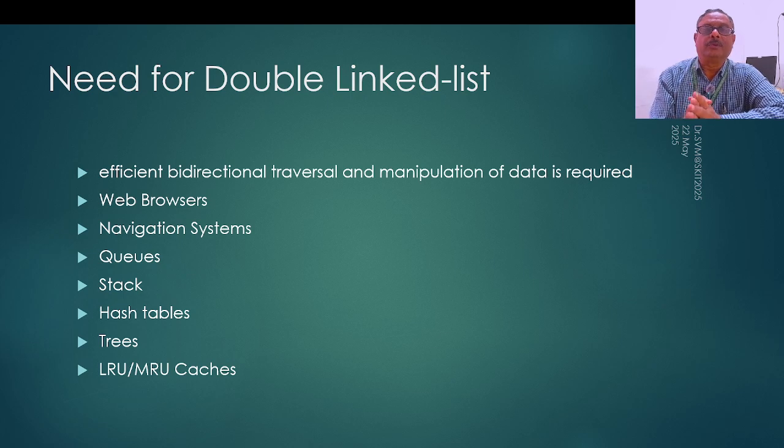If we want to talk about least recently or most recently used things, then we put them in an order and then we just move back and forth as and when required. So those are the more common applications we have for a doubly linked list.